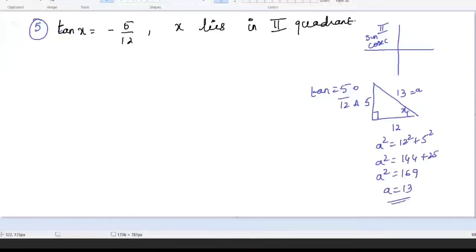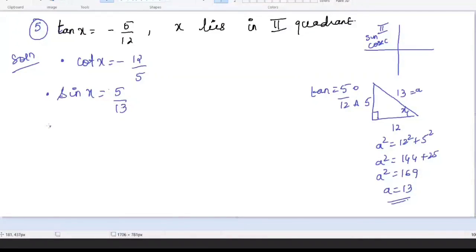So next, if I know tan, I will know cot also. So cot x in the second quadrant is minus 12 by 5. Next, we'll go to sine. Sine is positive. Sine x is opposite by hypotenuse. So it is 5 by 13. Positive, remember, second quadrant.